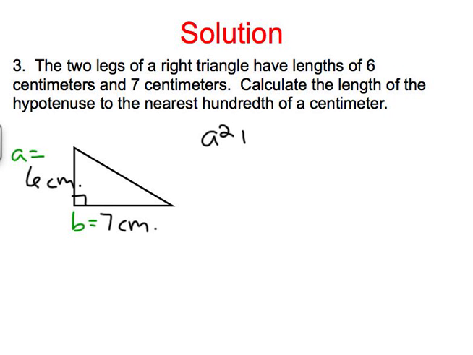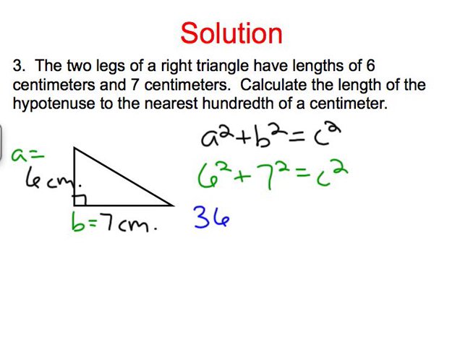So let's start with a squared plus b squared equals c squared. Plug in 6 for a, plug in 7 for b, and simplify. When we add those together, we get 85.